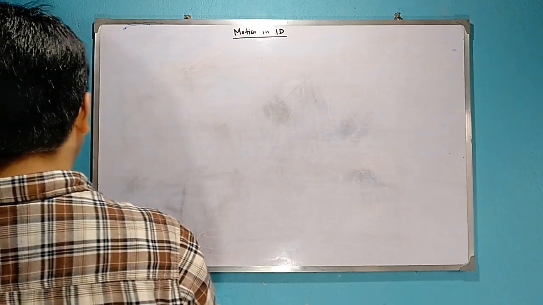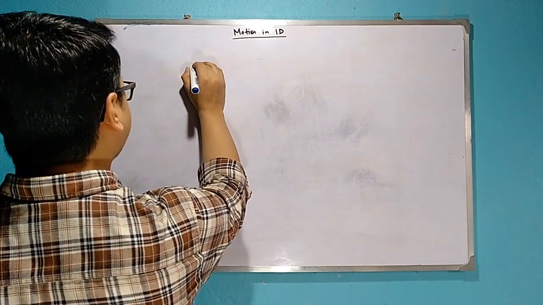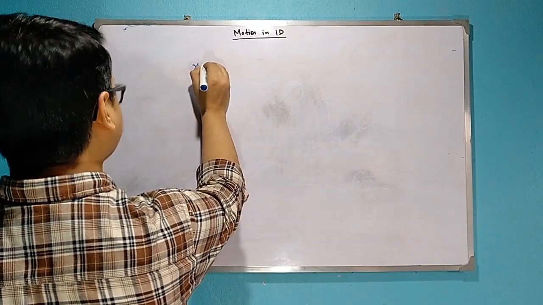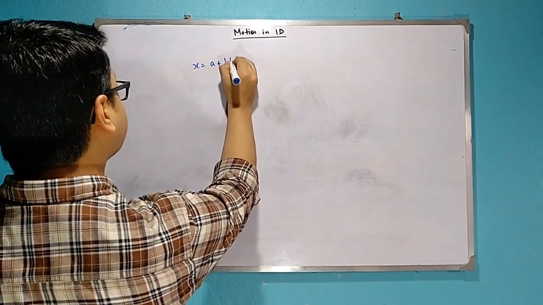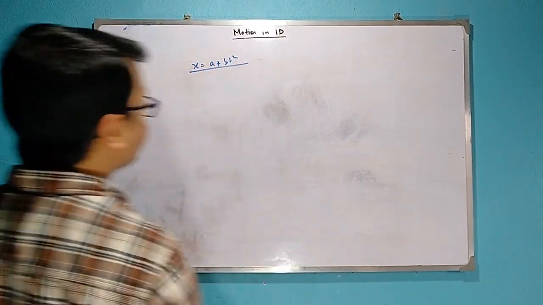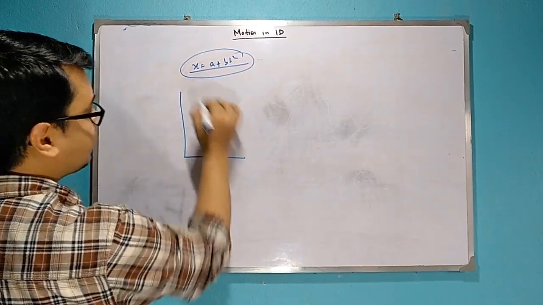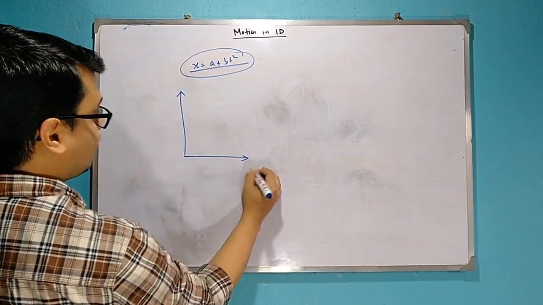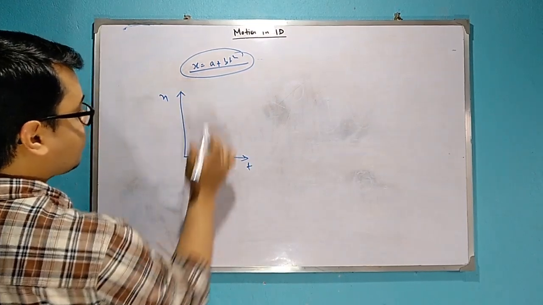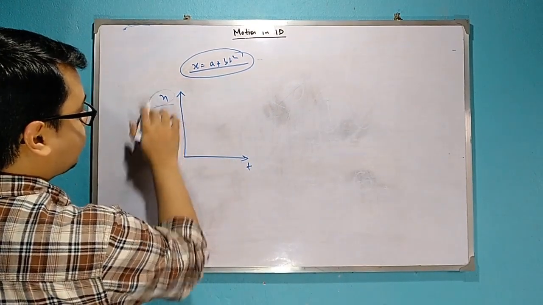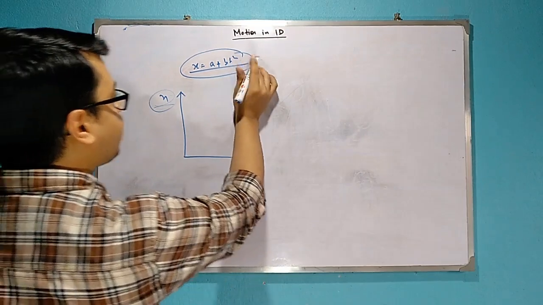The position of an object along the x-axis is given by x = a + bt². This is the equation of a particle moving with time, and its position is x.